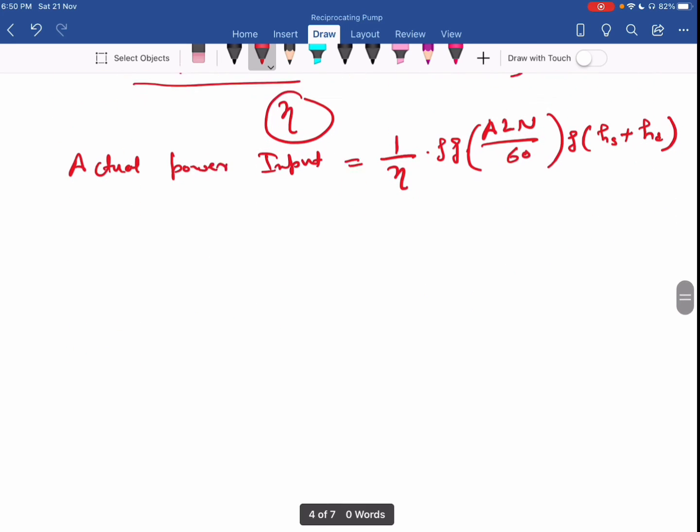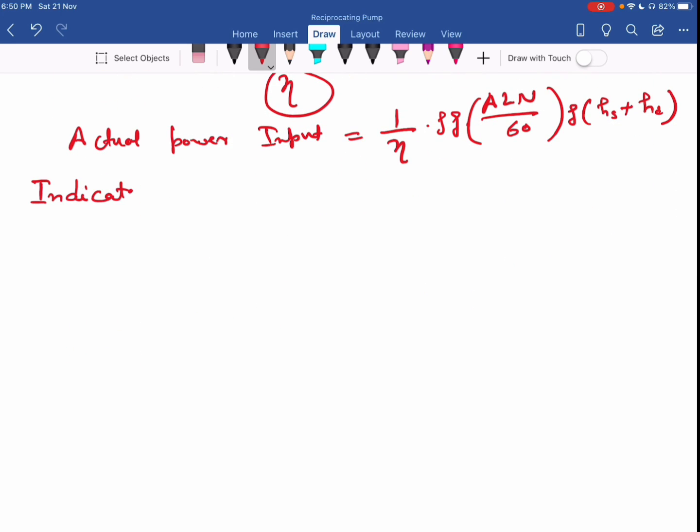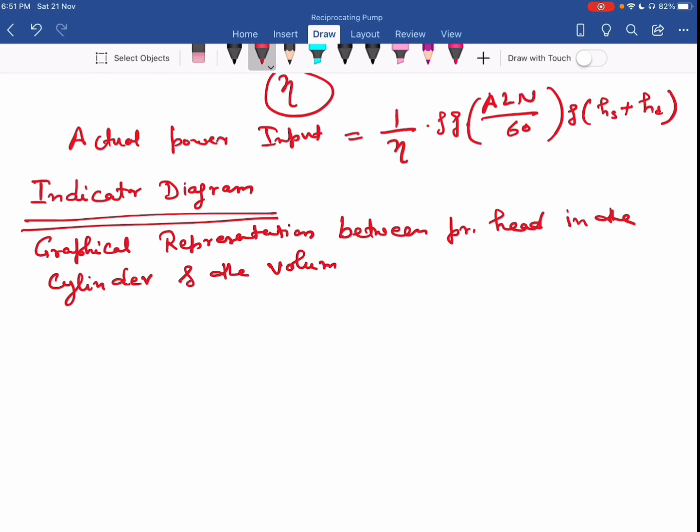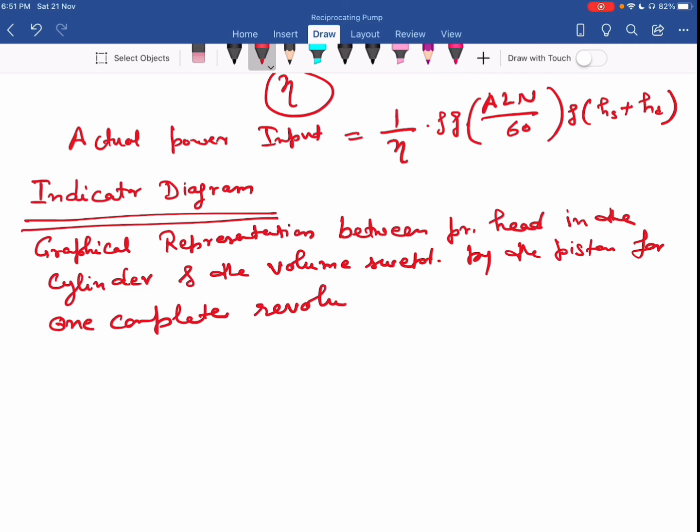The next is the indicator diagram. Okay, now this diagram is the graphical representation between pressure head in the cylinder and the volume swept by the piston for one complete revolution or cycle.